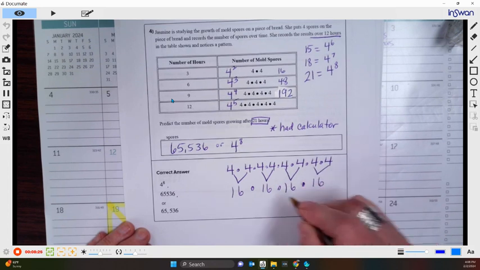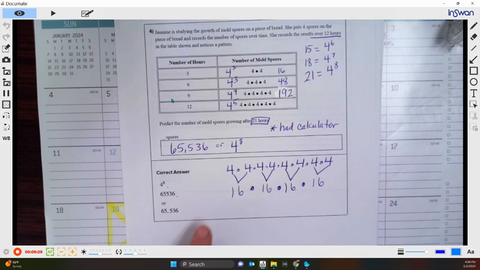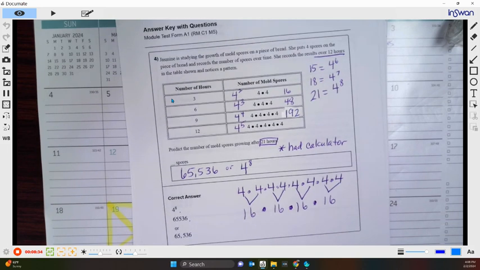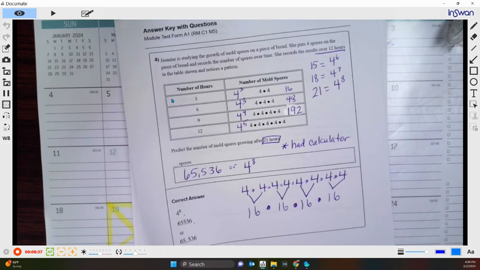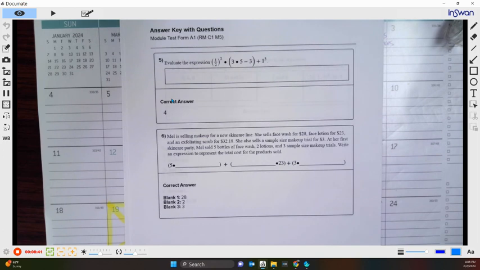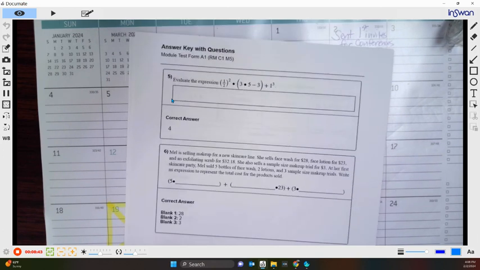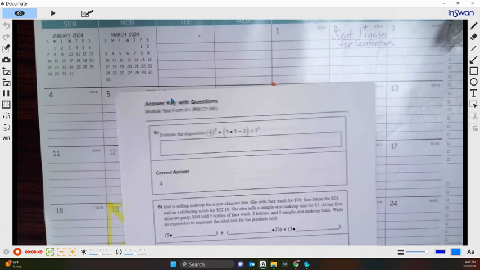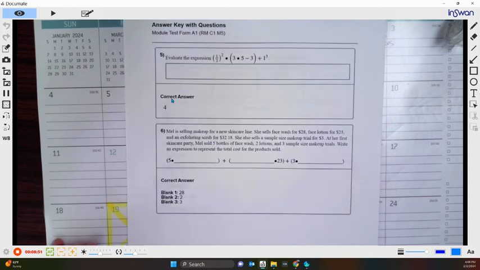So you could have just multiplied 16 times 16 times 16 times 16, and it still would have been the same answer. That's if you just had to multiply it out and you didn't have a calculator in your toolbar. The main thing about that problem was recognizing the pattern and seeing how with every 3 hours, the number of mold spores multiplied by 4.